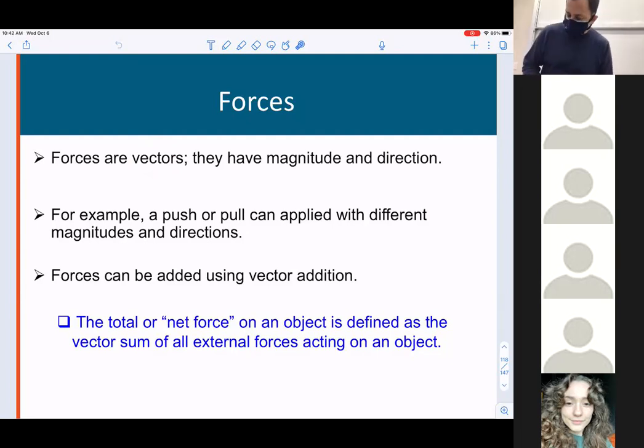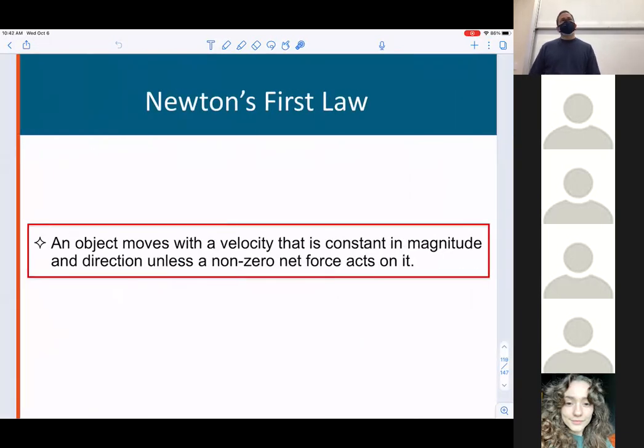So in some sense, we can recycle a lot of the technology. Forces can be added using vector addition, and then we can define the total or the net force on an object as the vector sum of all the forces acting on the object. Any questions on that?